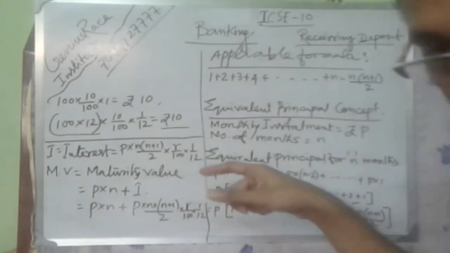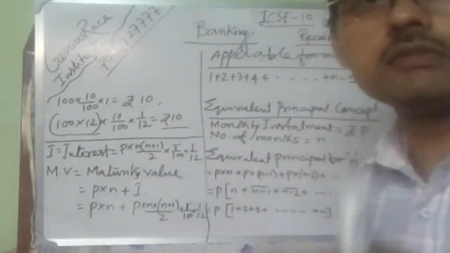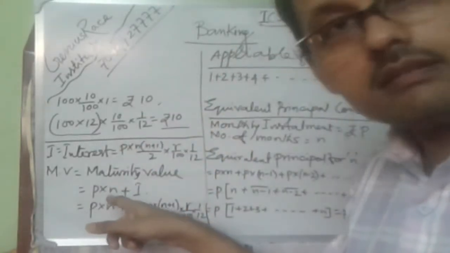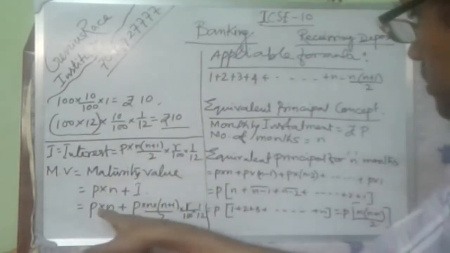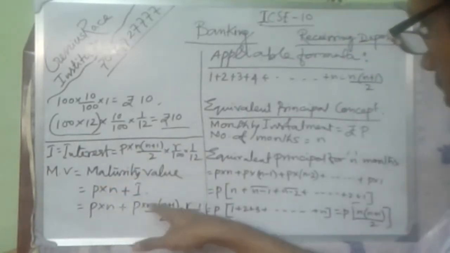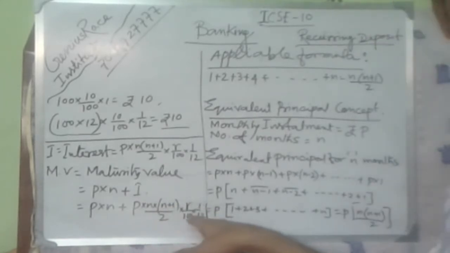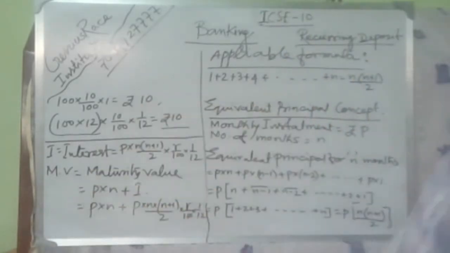Now the maturity value will be that, because P is my installment and we are keeping this installment every month for N number of months. So P into N plus the interest. Now putting this formula, it will be P into N plus P into N into N plus 1 by 2 into R by 100 into 1 by 12.